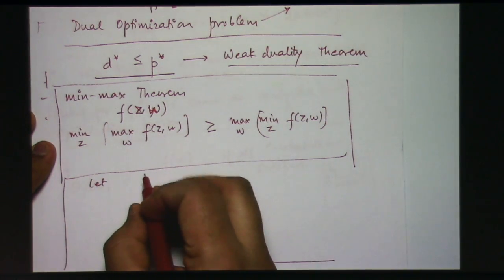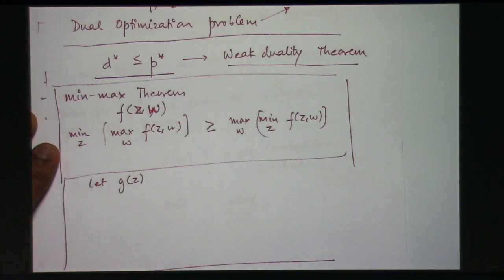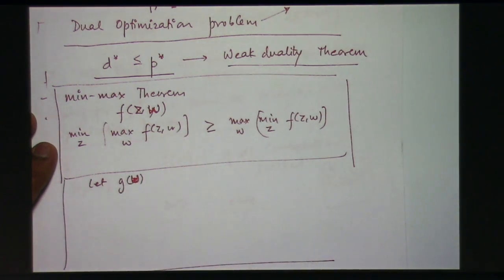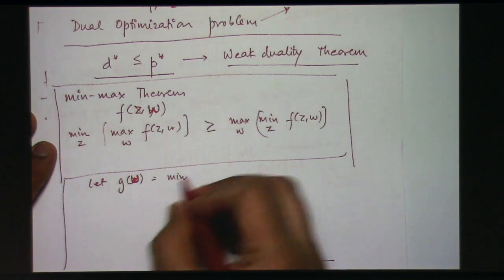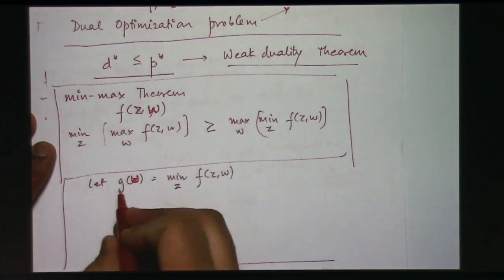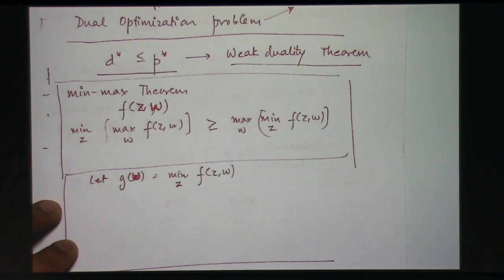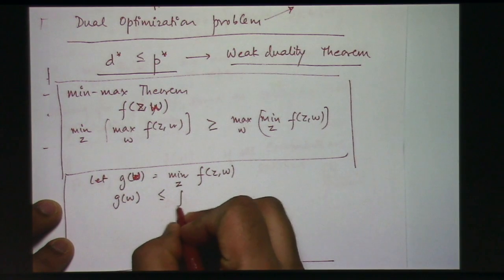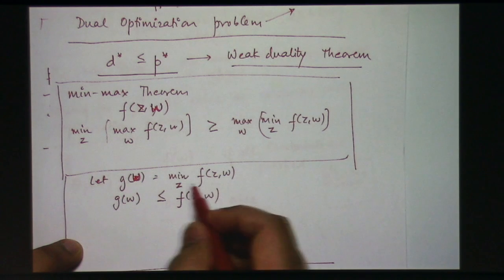Let's say g(w) is equal to min over all z of f(z, w). Let's just define this new function, in which we have taken a min over all z. Then of course g(w) will always be less than or equal to f(z, w), because this is the min, so it holds for any z.